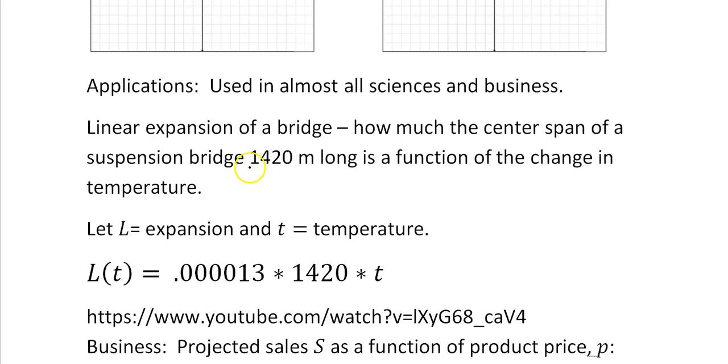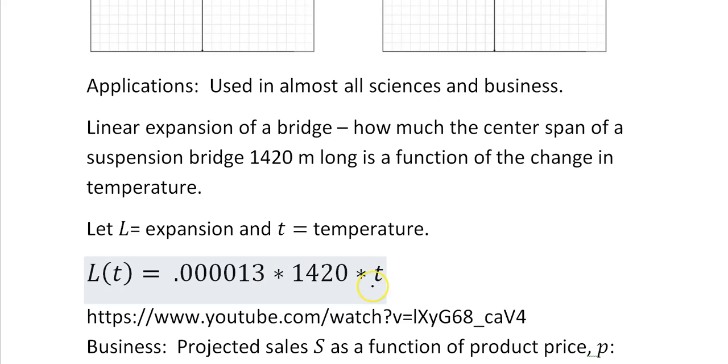It's 1,420 meters long, and it changes a little bit depending on the temperature. So this is like 0.000013. So this is like tens, hundreds, thousands, 10,000s, 100,000s, and now we're talking into millions. So 13 millionths. It's going to move, and it's going to be increasing for each meter by that temperature.